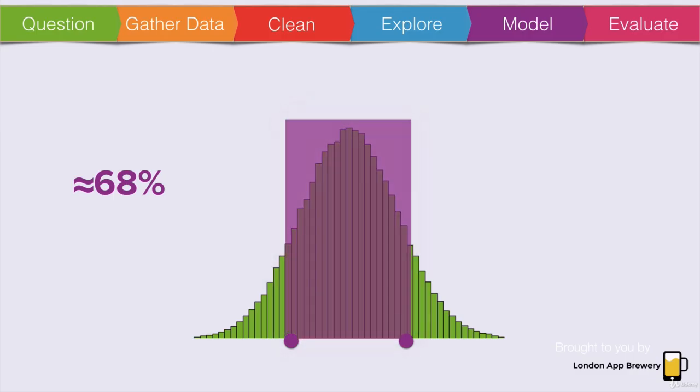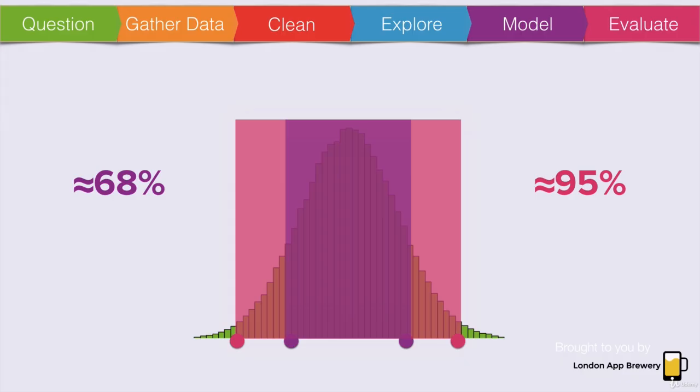And for a normal distribution, we also know that around 95% of the values are between these 2 points here. 95% of the observations fall within this pink range that I've highlighted right here. The individual points that I've drawn on this histogram right here actually have a name.